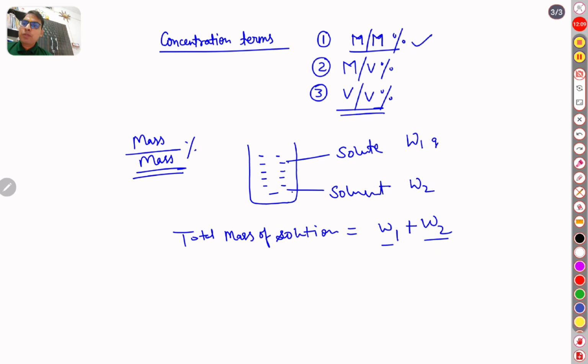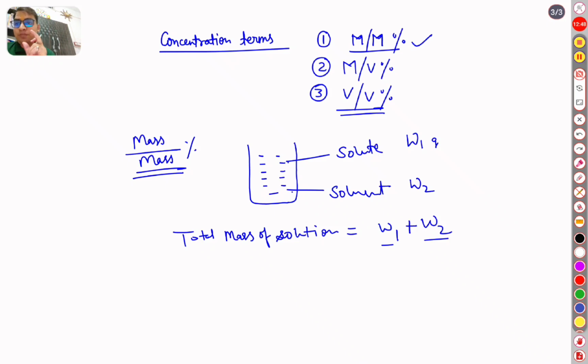Suppose you have taken a few grams of sugar and a few grams of water, and you mix them together, then you get the total mass of the solution. The mass of water will not change, but the total mass of solution will change.